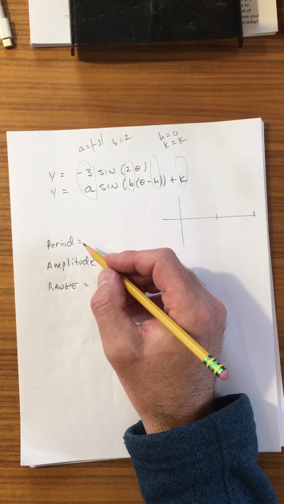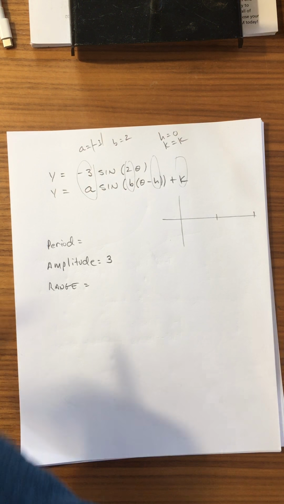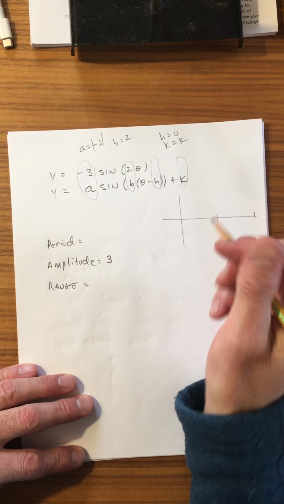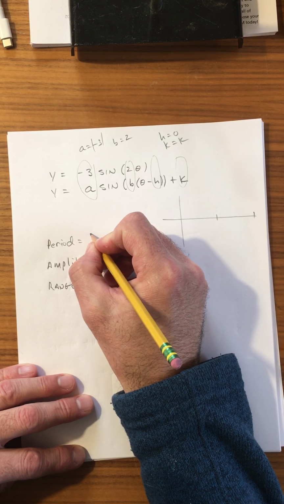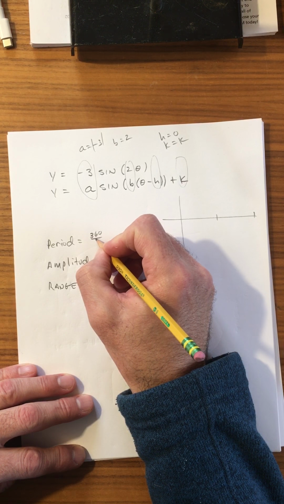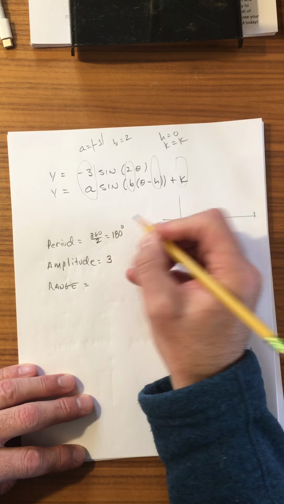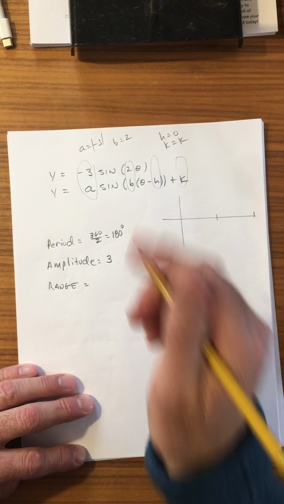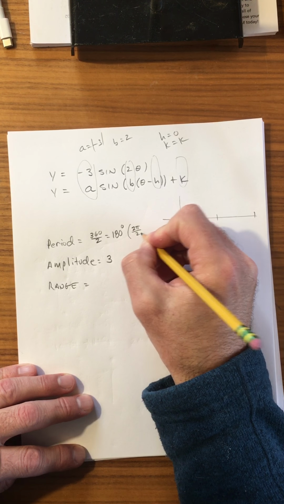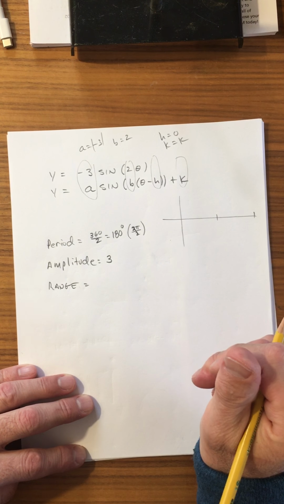Now the period, if we're going to do it in degrees, would be 360 divided by b, which is 2. And so that's 180 degrees. If you were going to do it in radians, it would be 2 pi divided by b, or pi. And pi and 180 are the same.